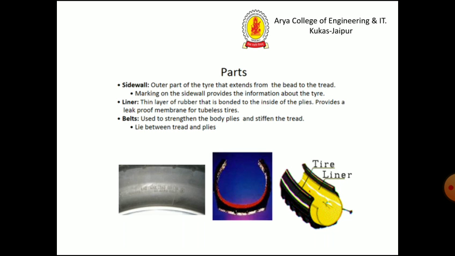It is shown in the middle of the figure and denoted with the color red. And the belts are used to strengthen the body plies and stiffen the tread; they lie between the tread and the plies, and are shown in the figure to the right, denoted with the color yellow.